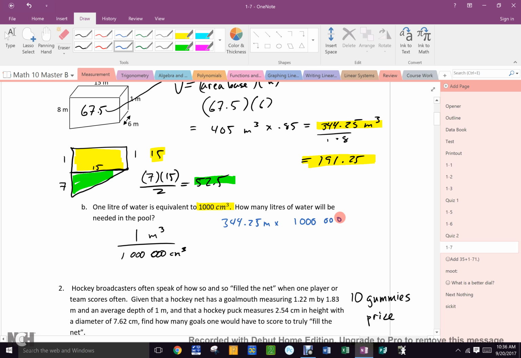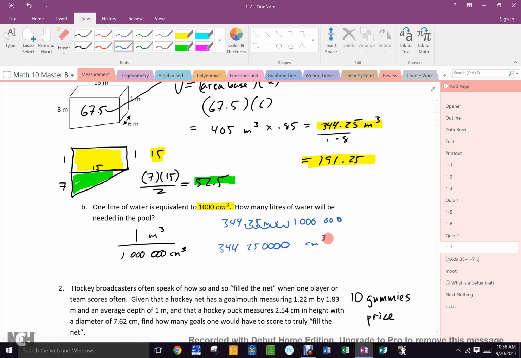Now, you guys remember grade 6 math. 6 zeros means the decimal moves how many places? 6 places, right? What goes in the holes? Zeros. So I'm going to move 6 places. 344. 1, 2, 3, 4, 5, 6. 1, 2, 3, 4 zeros. That's how many centimeters cubed I have, yes?